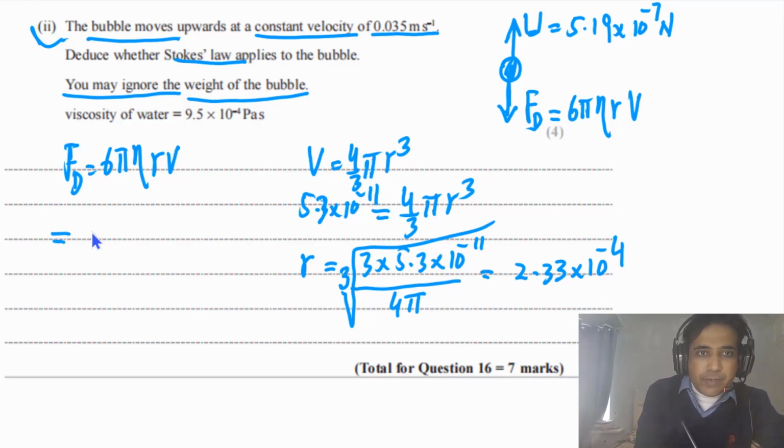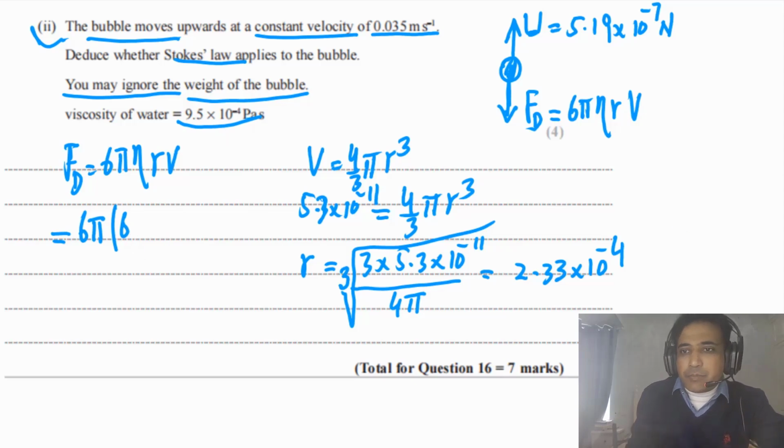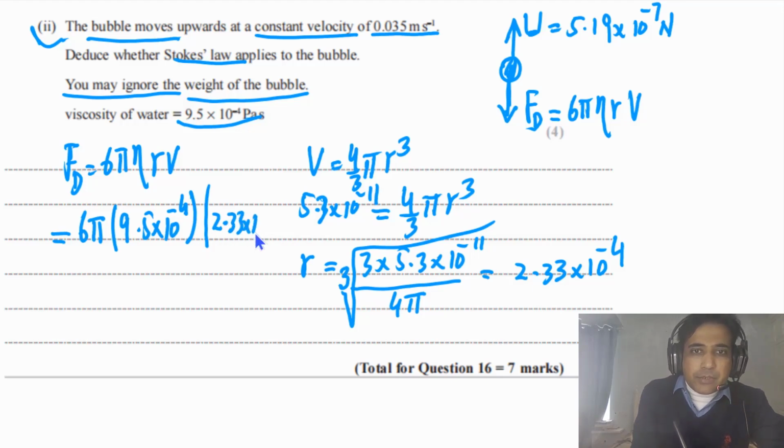Now we need to plug in these values. We have 6 pi, and the value of eta, the viscosity, is given, 9.5 times 10 to minus 4, the value of r, 2.33 times 10 to minus 4, and the velocity, 0.035.